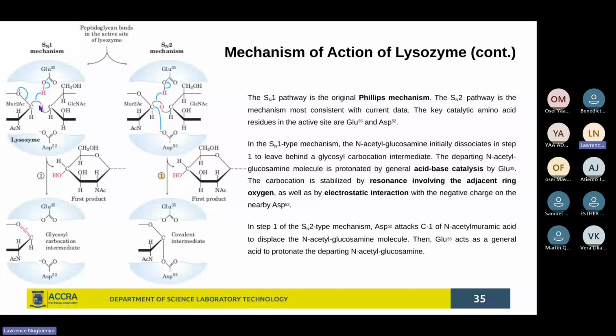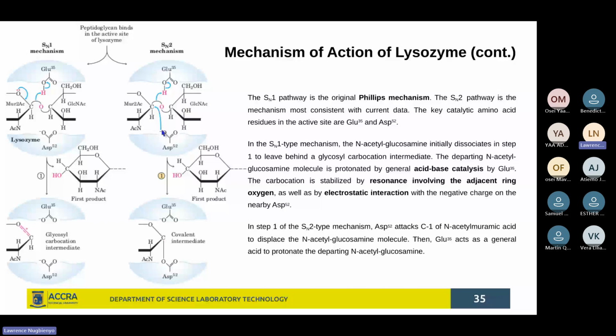This hydrogen, which is on the carboxylic acid group of glutamic acid in the active center, you see that it is having interaction with a glycosidic bond. In the second model, you see that aspartic acid, at the same time, the carboxylic acid group is also having that nucleophilic attack on the carbon 1 of muramic acid.